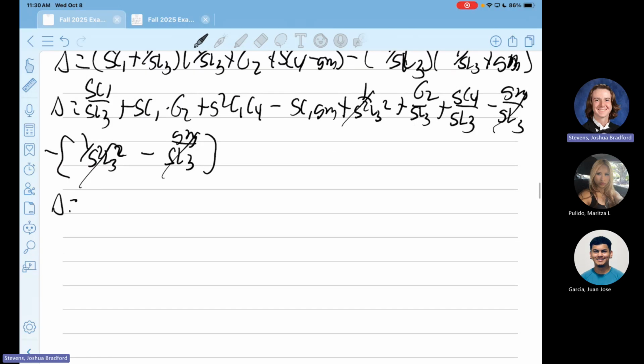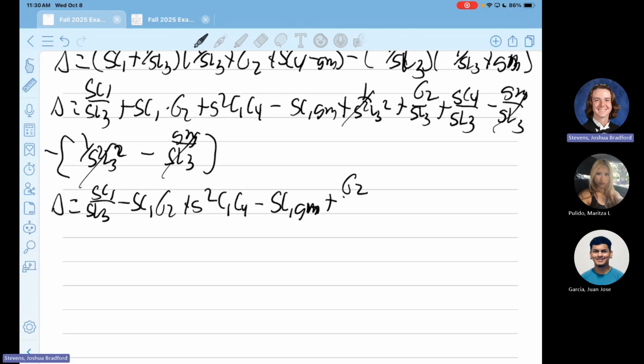All right, so that means the entire determinant is SC1 over SL3 plus SC1 G2 plus S squared C1 C4 minus SC1 GM plus G2 over SL3 plus SC4 over SL3. Cool. All right.